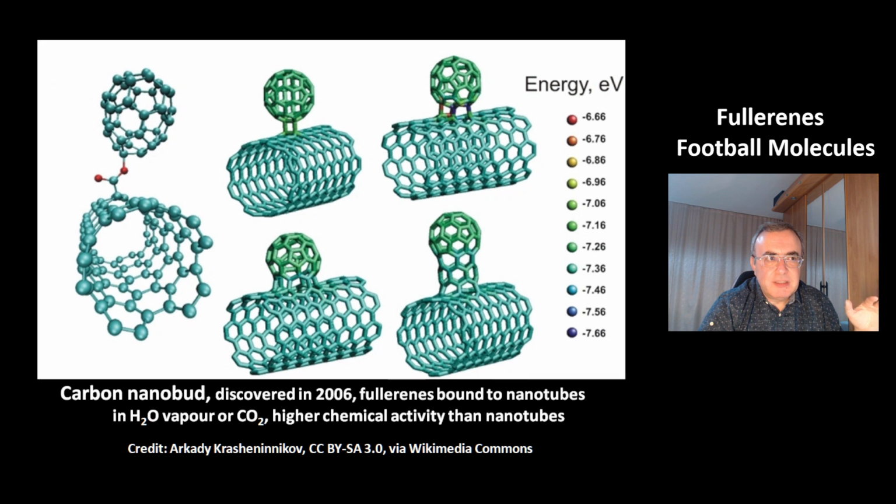This is a picture of carbon nanobud. They were discovered in 2006, and these are fullerenes that are bound to nanotubes. And you can make this reaction in water vapor or CO2. And the point of nanobuds is they have a higher chemical activity compared to nanotubes.